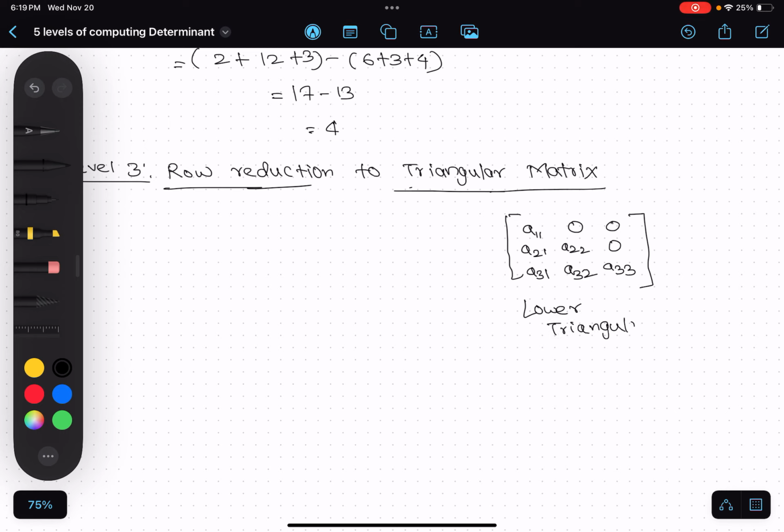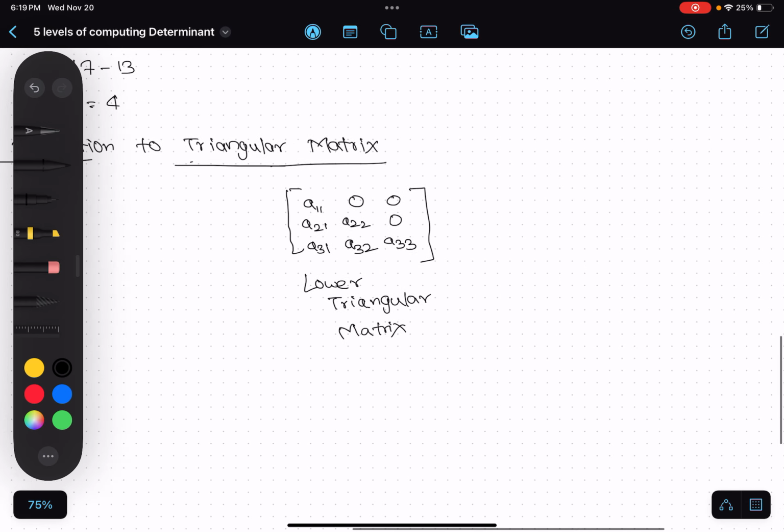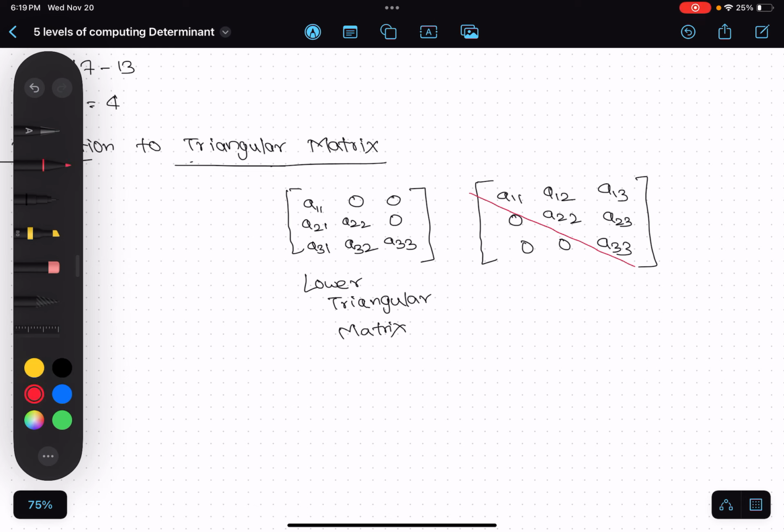And there can be a matrix like this as well, A11, A22, A33, with first row second column, first row third column, second row third column, and 0, 0, 0 below. Since there are elements above the main diagonal and below the main diagonal all are 0, this is called an upper triangular matrix.